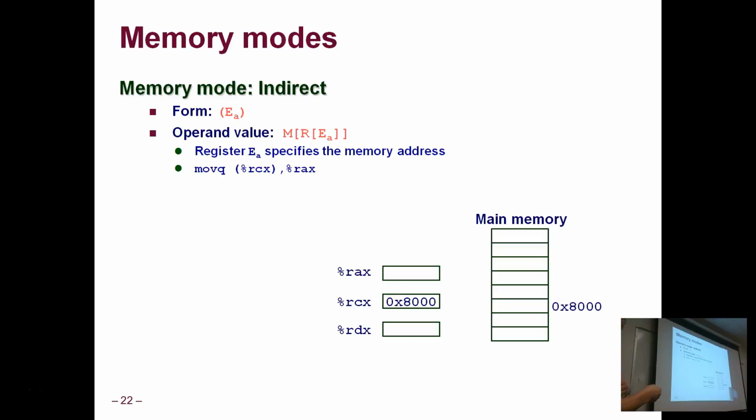So movq (%rcx), %rax. This is your source. You're going to treat the RCX as a pointer and dereference it. So you go into this register, treat this as an address, go to that memory location, and then take the data and move it into RAX.